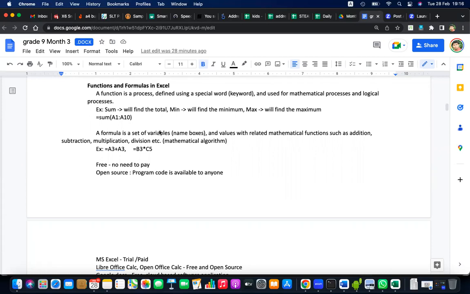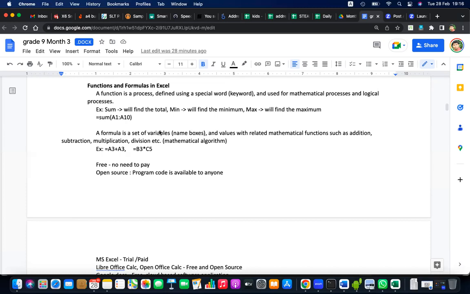We can do various mathematical calculations using those symbols. Addition will add, subtraction will subtract, division will divide, multiplication will multiply.